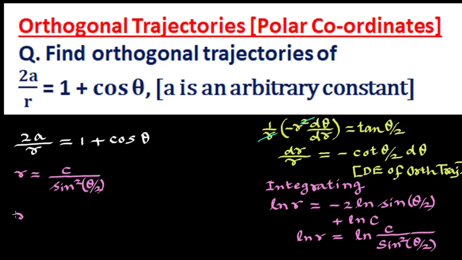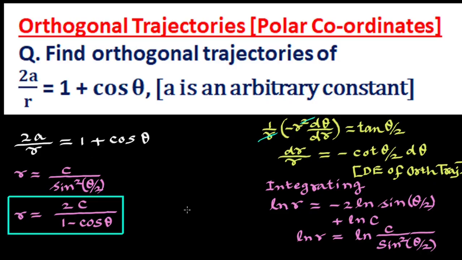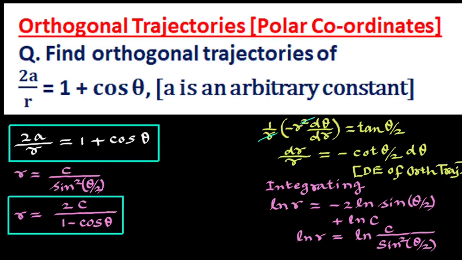R equals c upon, in place of sin square theta by 2, we can put 1 minus cos theta upon 2, which goes in the numerator here. So r equals 2c upon 1 minus cos theta is the family of orthogonal trajectories of this family of curves 2a upon r equals 1 plus cos theta.